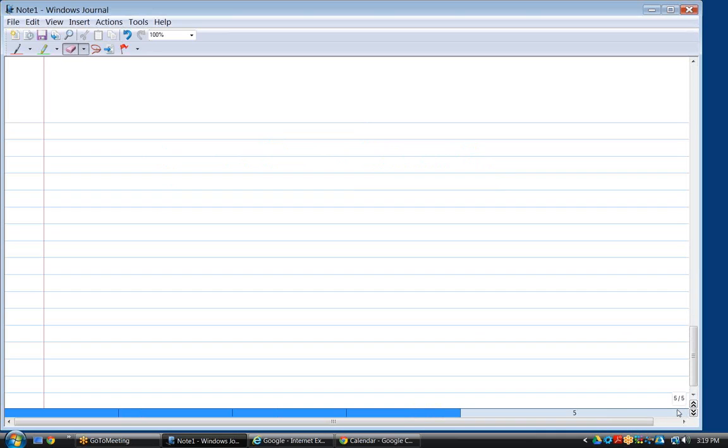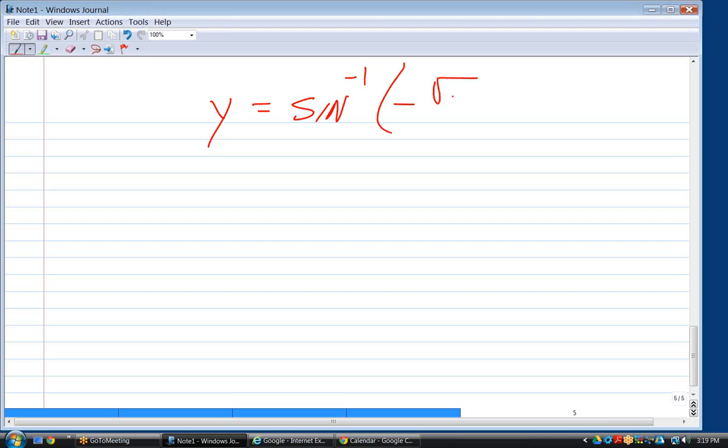Next one is find the exact value of the real number y, and then it's y equals arc sine negative root 3 over 2. Okay. You and I haven't done much with inverse sine, have we? Not much. Okay.